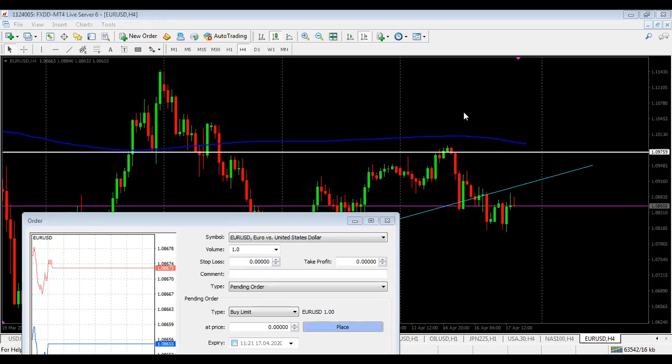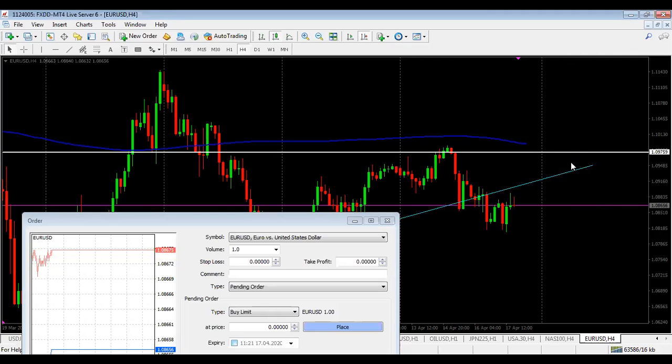So I will put a pending order on this place. Automatically, when the price rises to touch this area, for example 0.975, it will open a selling contract for me. So I will sell the euro from this level.